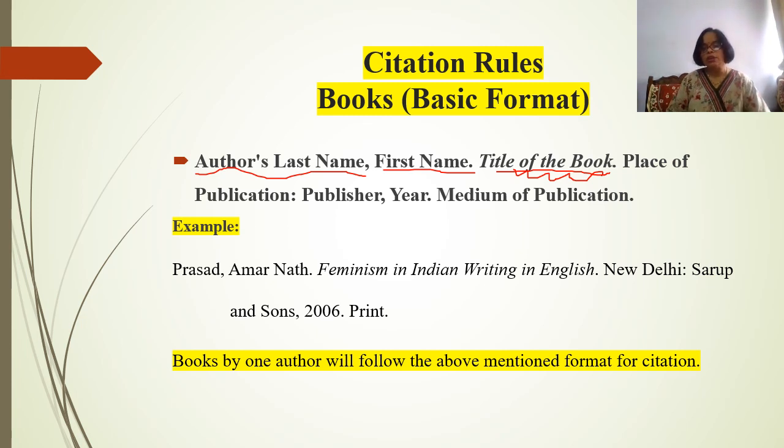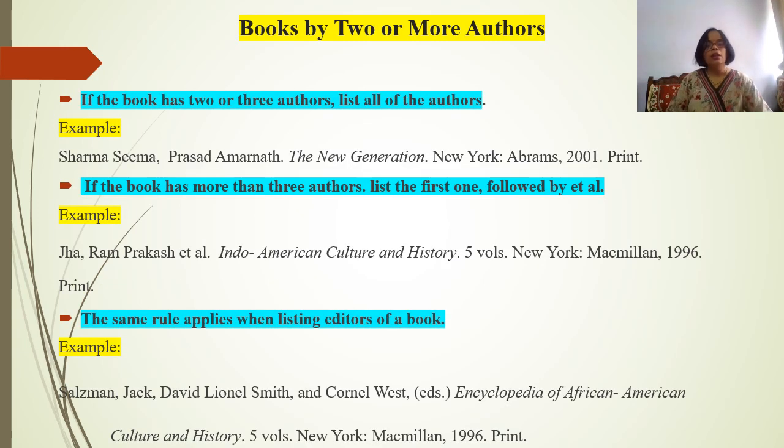And now, books by one author will follow the above mentioned format. In all the cases they are going to follow the same. Then suppose a quotation is there where there are two or more authors. If the book has two or three authors, list all of the authors.